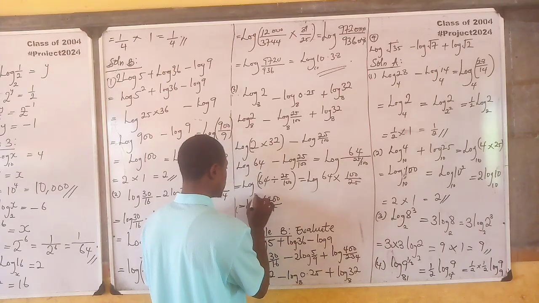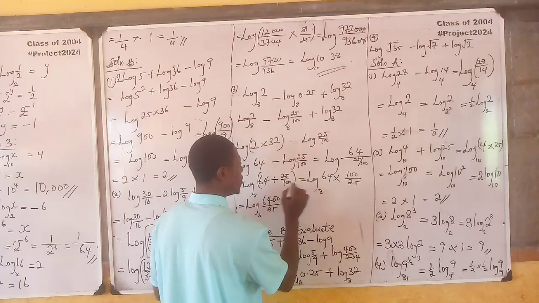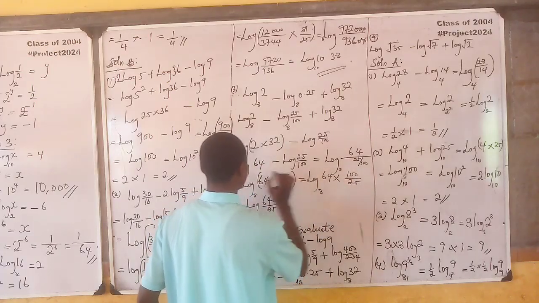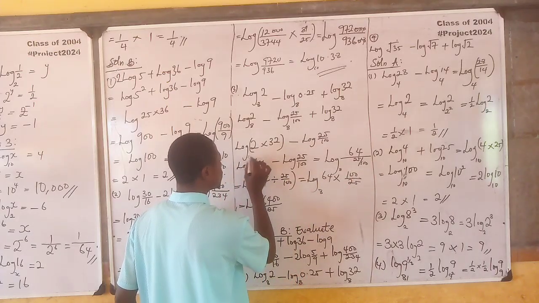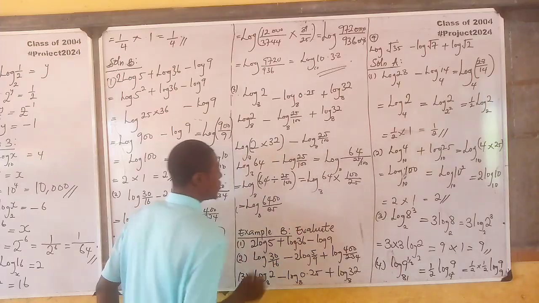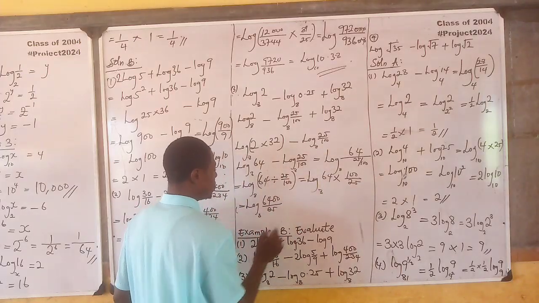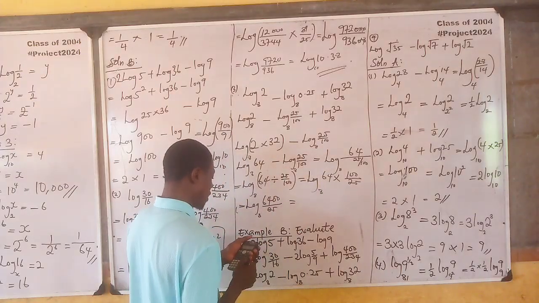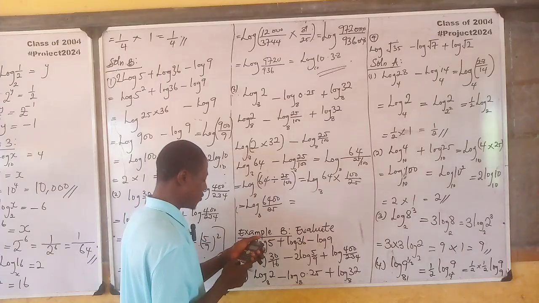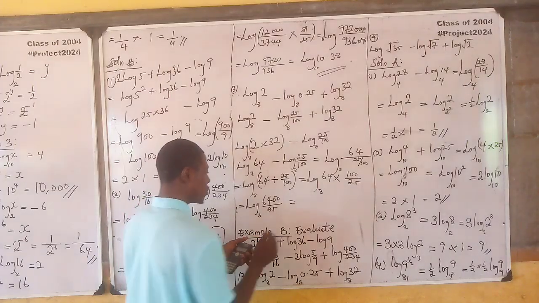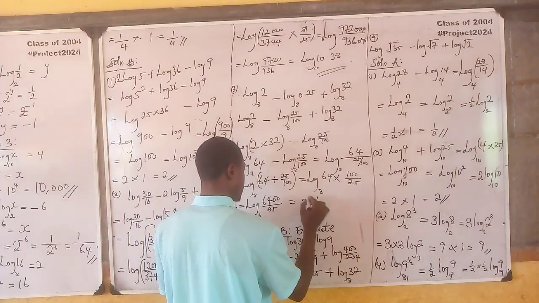Remember, all of this is in base 8. Don't forget to put the base in base 8 because the base is specified. They are all in base 8. So now, this value divided by 25 is going to give us 256.